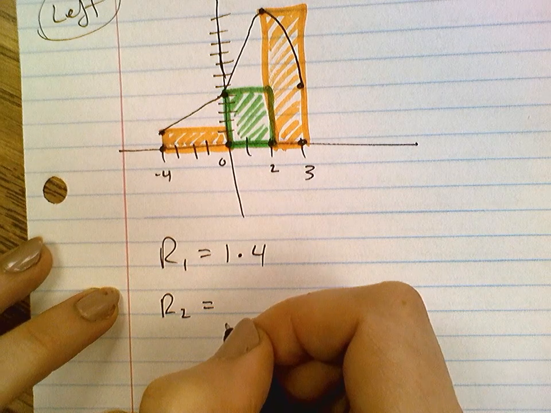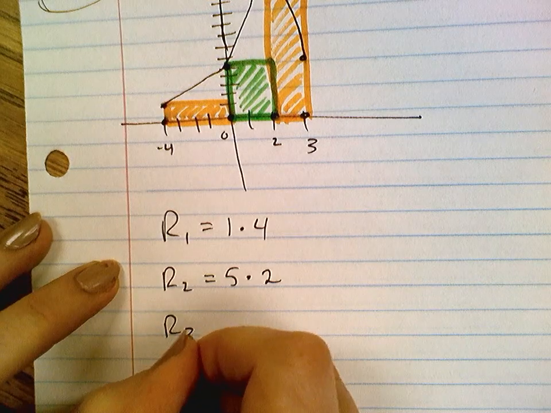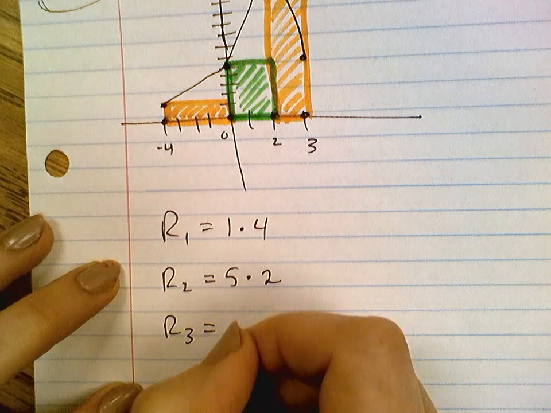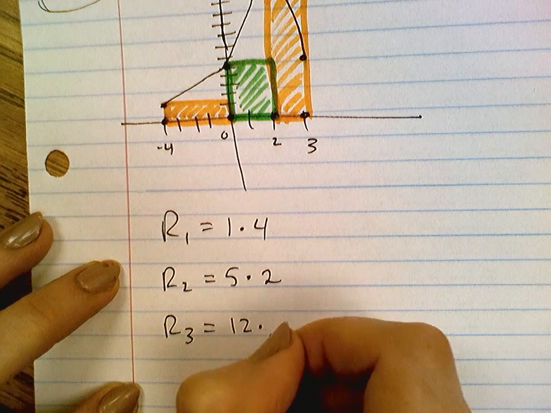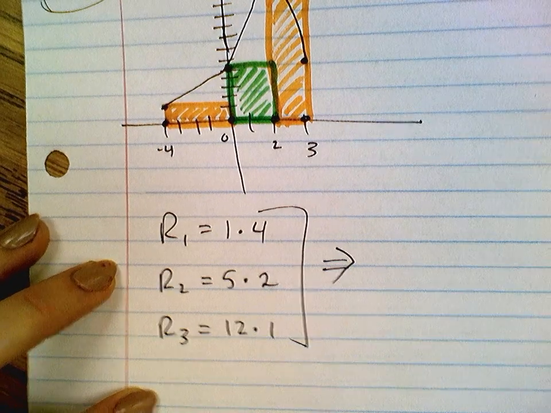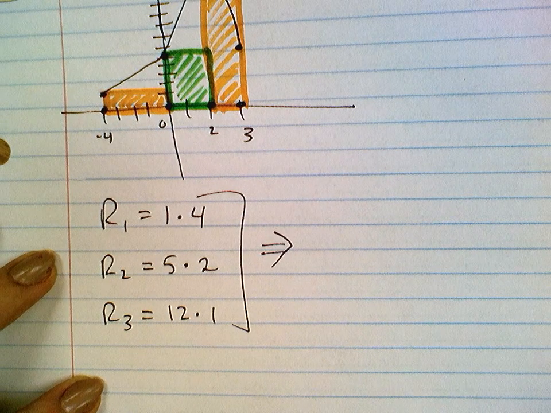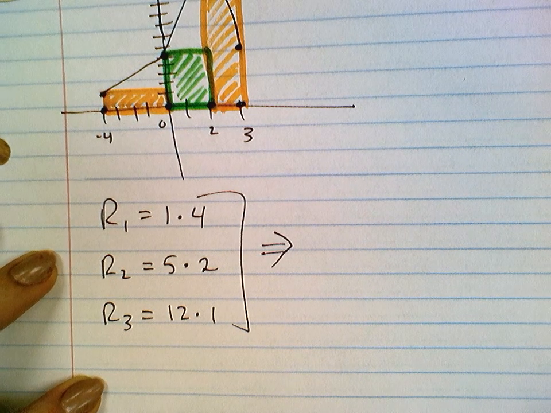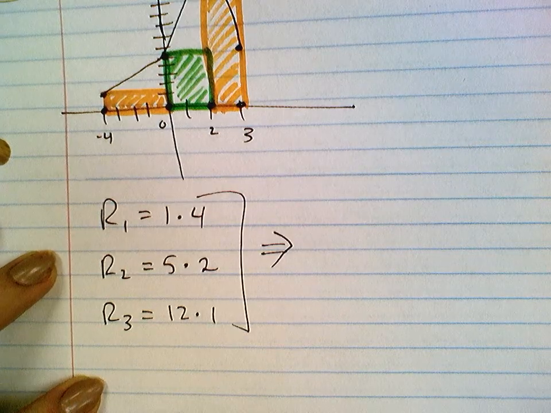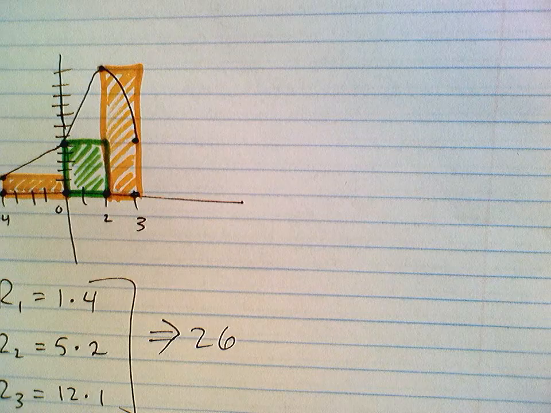Rectangle 2, the height is 5 times the base 2. Rectangle 3, the height is 12 times the base 1. Then you add those together: 4 plus 10 plus 12, we get 26.